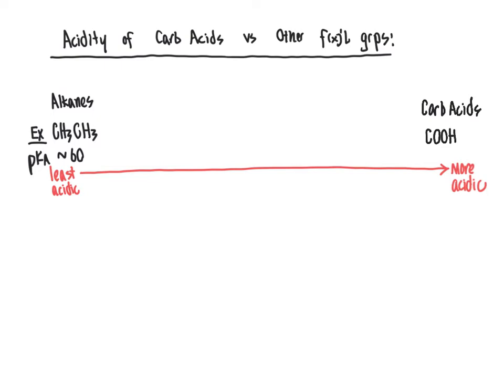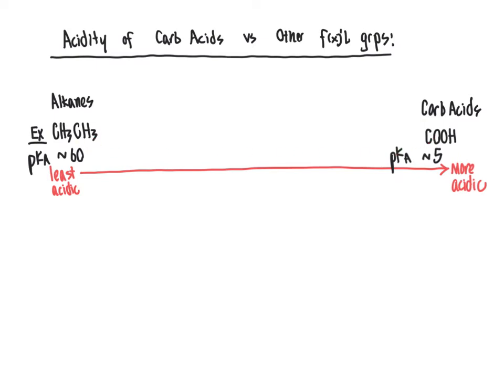As a result, carboxylic acids have a typical pKa value of around 5 or so, indicating a huge difference in the propensity of a carboxylic acid to lose the proton that's directly bonded to the oxygen versus an alkane. The much lower pKa value indicates that this proton is readily lost. And by readily losing that proton, the product of that reaction must be relatively stable compared to the product we would create by losing a proton from an alkane.